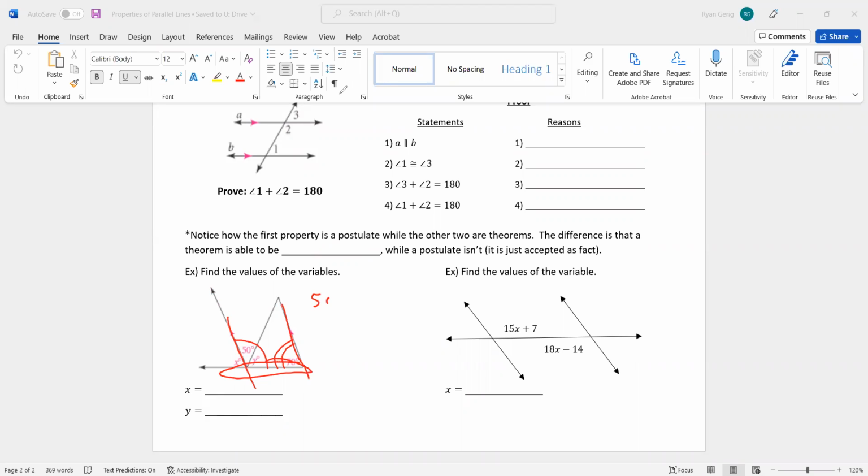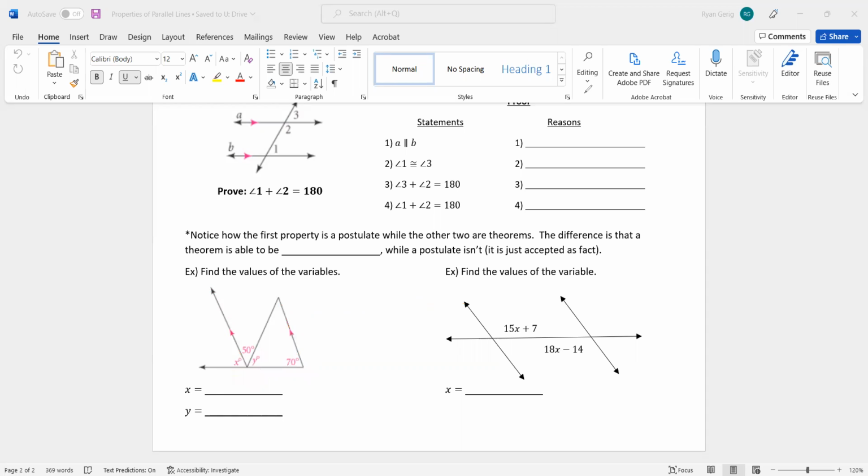So 50 plus Y, and then 70, those are same side interior angles. And if those are same side interior angles, they add up to 180. And you should see that I'm getting the exact same equation that I had with the previous way of doing it. Okay, you're going to get the same answer. Multiple ways to get to the same answer.